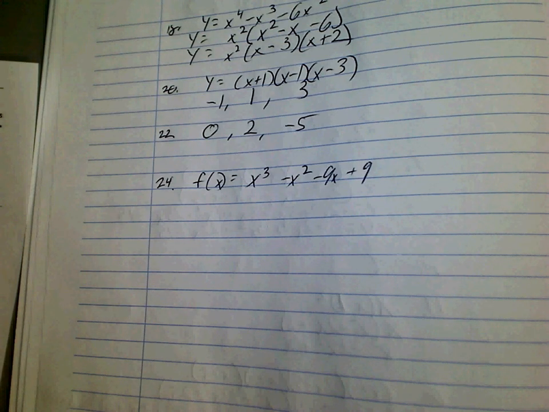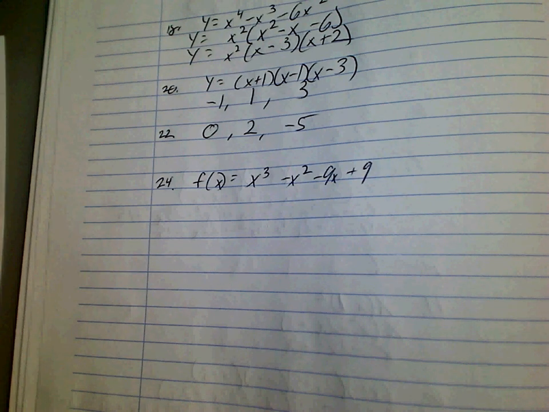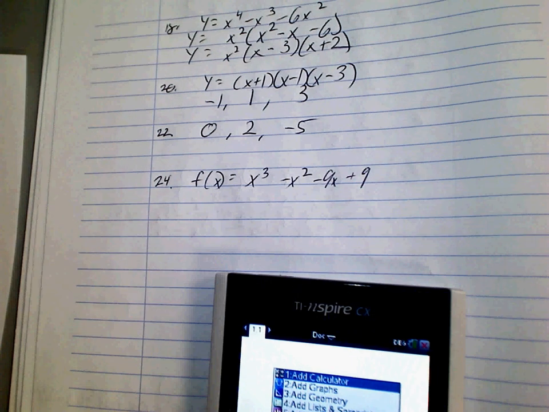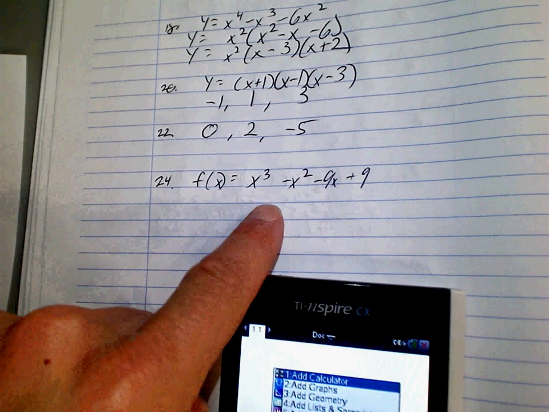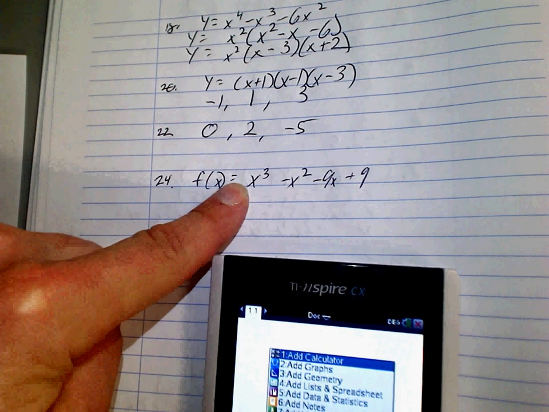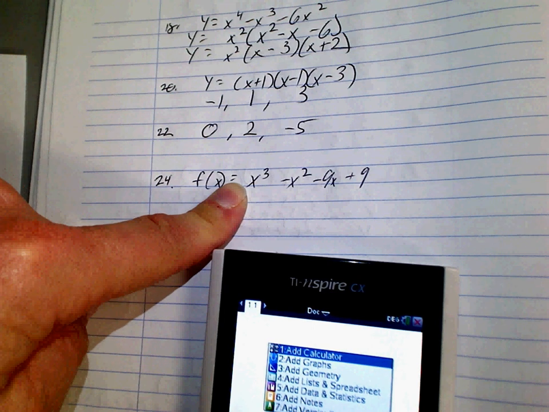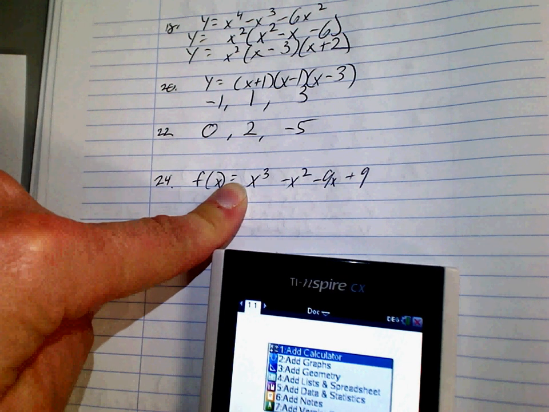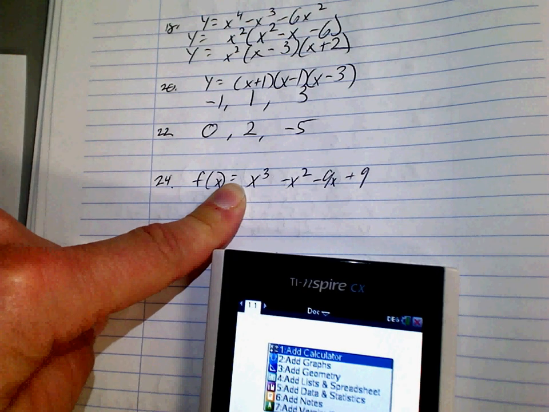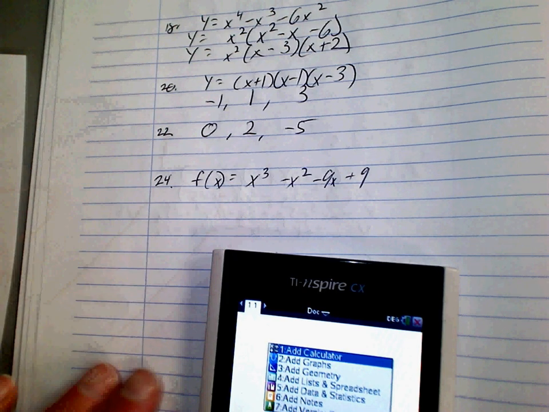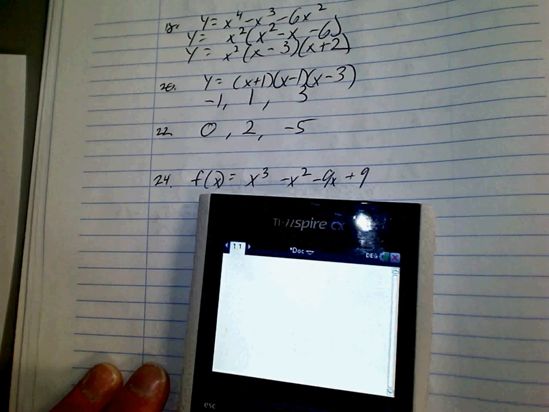First thing I want to do, I could look at my graph and find the zeros, the places they intersect. If it's nice and neat, I could polysolve. Right? The polysolve will give me the zeros also. So first thing I want to do is polysolve this.